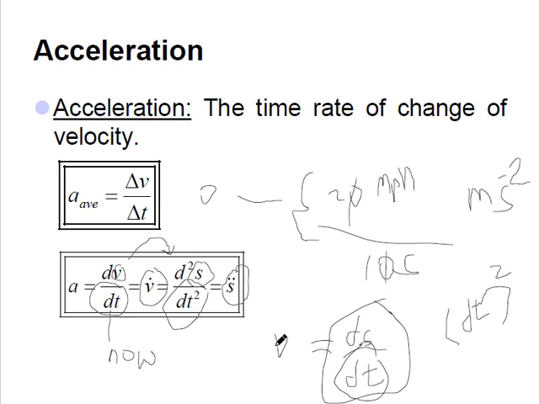So these equations are connected, because your acceleration directly describes how position changes over time at an increasing or decreasing rate, and you can use these equations because they're all connected.